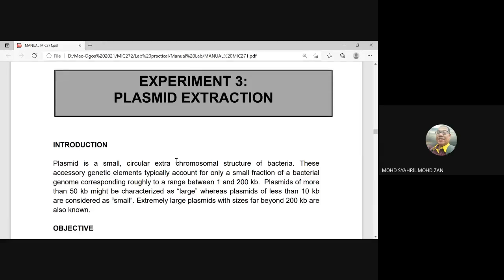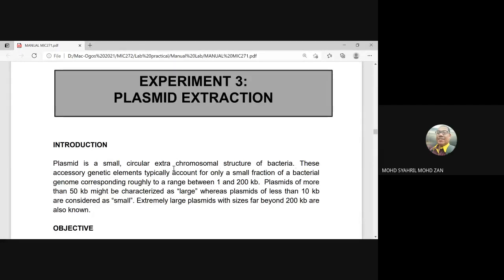In other words, plasmid is a genetic engineering tool to amplify or produce many copies of certain genes. It is very important for bacteria to stay alive.